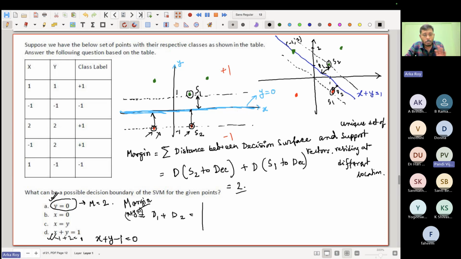This margin value is for this particular line, and already we have calculated the margin for y equals to 0. So we have to see which margin is highest. If the margin is highest for this particular line, SVM will choose that one. That is the fundamental thing.